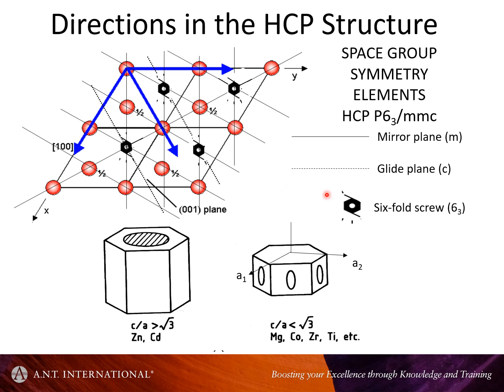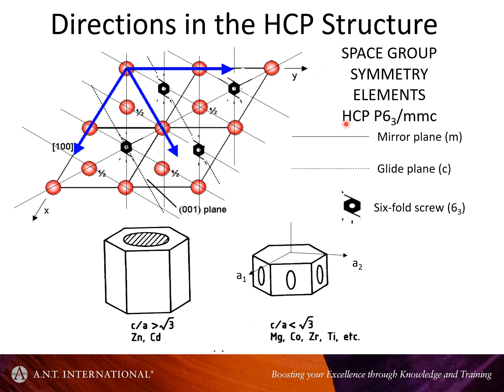One of the most important symmetry elements that describes a hexagonal close-packed structure is the primitive 6-3 screw. This is to do with space group determination, and it's a way of defining what the crystal structure is based on symmetry. And the symmetry in this case involves not just rotational symmetry, but also translational symmetry.